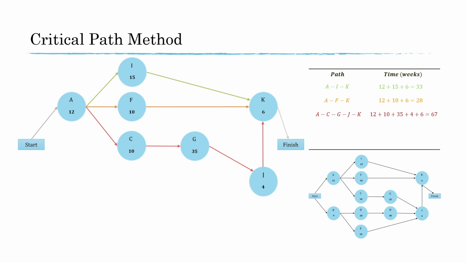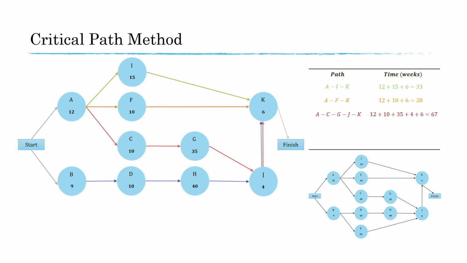The fourth available route is from activity B to activity D, and from activity D to activity H, and from H to J, and finally to activity K.